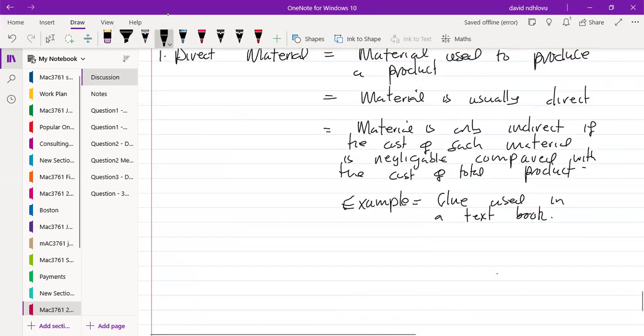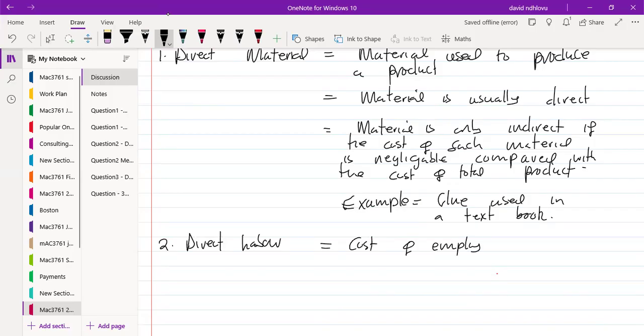Right, we also have what we call direct labor. This is the cost of employees as labor who are directly involved in production.